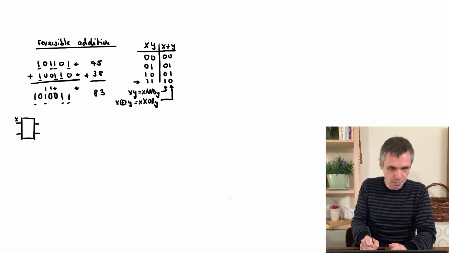So here we have our inputs x and y, and our outputs are simply x times y and x added to y modulo 2.